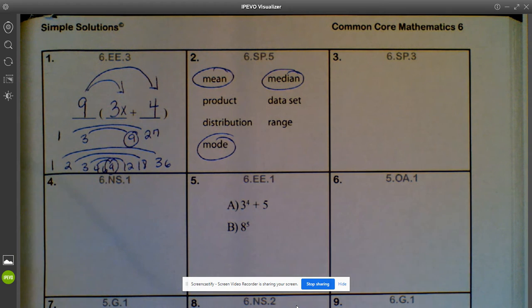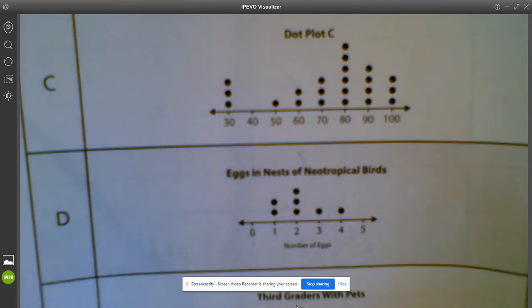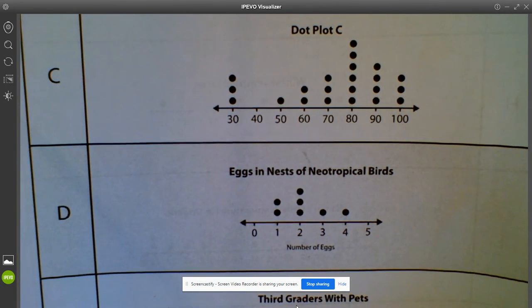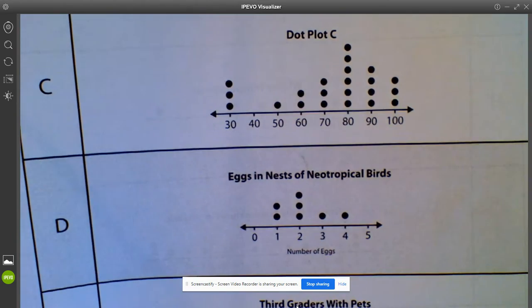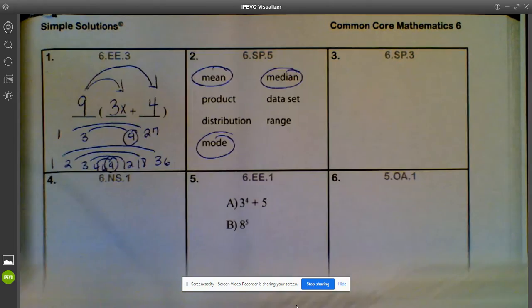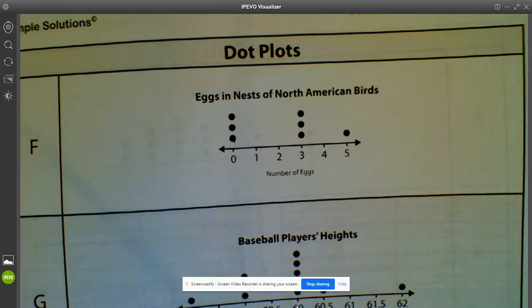In which set are the data points closer, and how do you know? So I'm going to slide dot plot D under here. You have a copy of this with you. There's dot plot D. So look at your data points. And then dot plot F, which is right here.